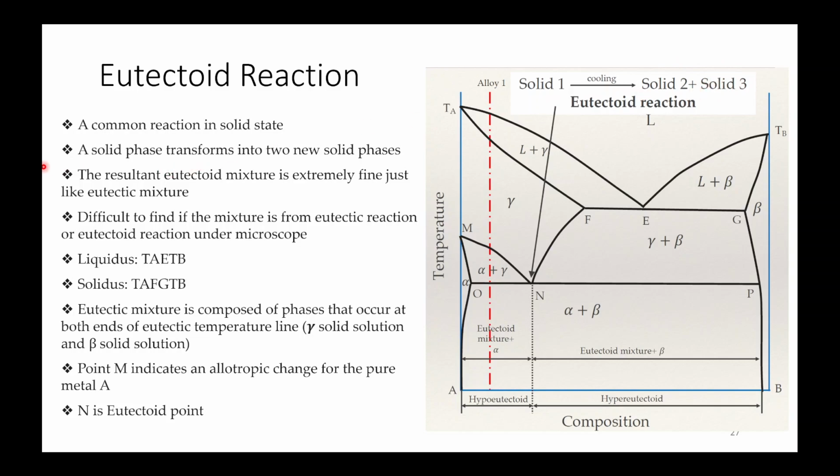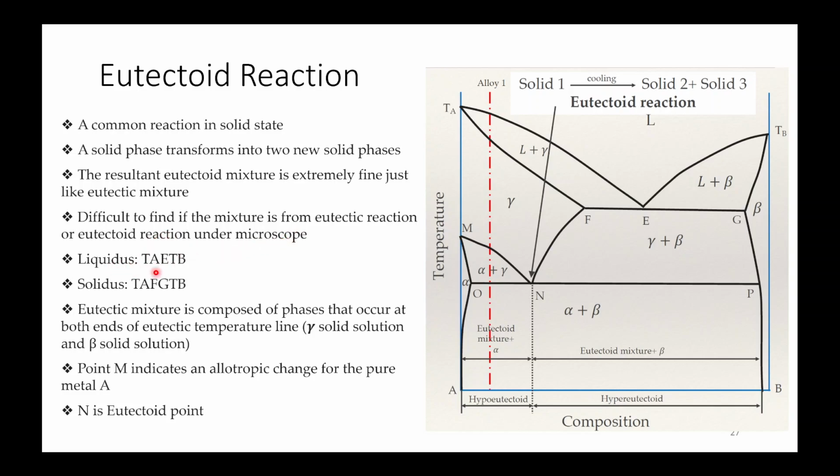Now it is a common reaction in solid state where a solid phase transforms into two new solid phases, and the resultant eutectoid mixture is extremely fine, just like the eutectic mixture, and it is difficult to find under the microscope if the mixture is from a eutectic reaction or eutectoid reaction because they look similar.